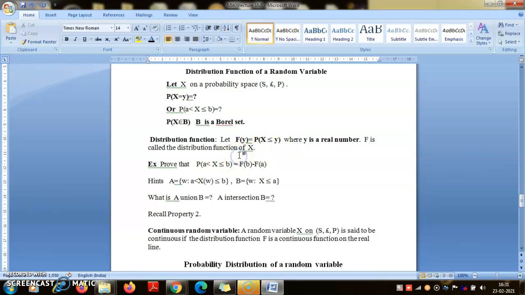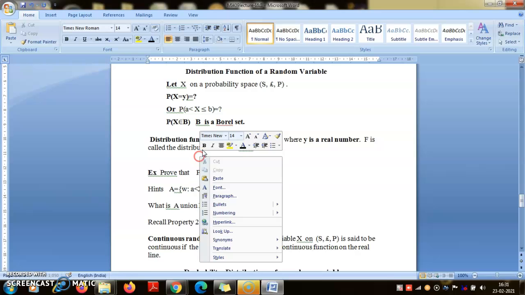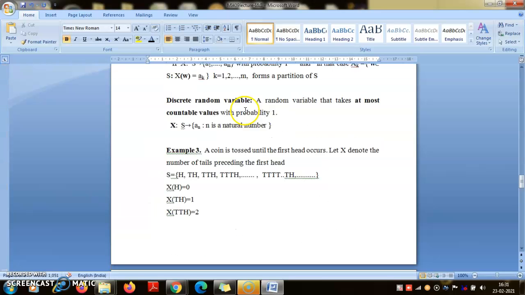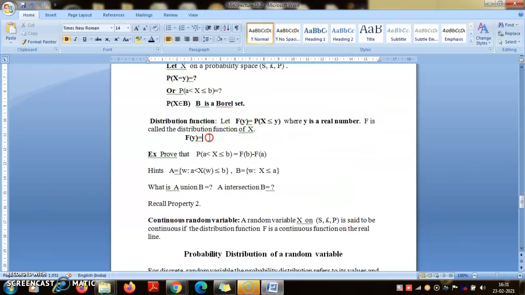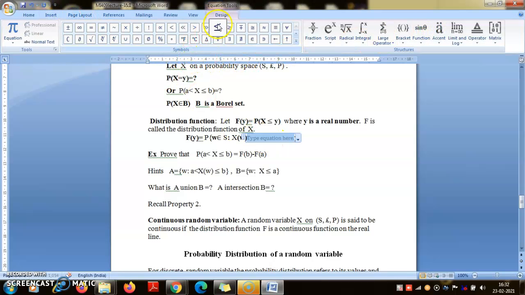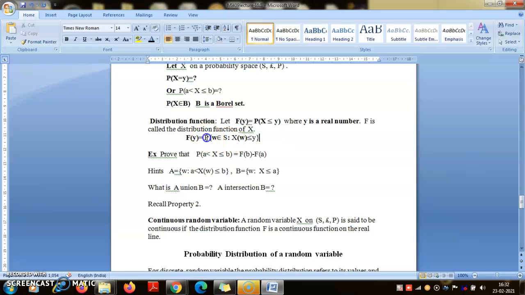The probability that X is greater than y is the probability of the complement of this event.